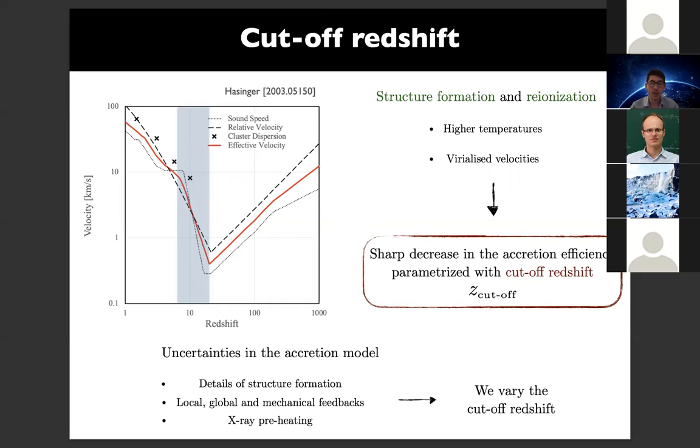Of course, the value of this cutoff is actually quite unconstrained because there are several uncertainties in the accretion model, due, for example, to the details of structure formation, or also due to feedbacks of radiative, chemical, and mechanical type, and also to X-ray preheating, which of course may change the point at which this suppression occurs. And therefore, we have decided to let this cutoff vary in order to account for this efficiency.